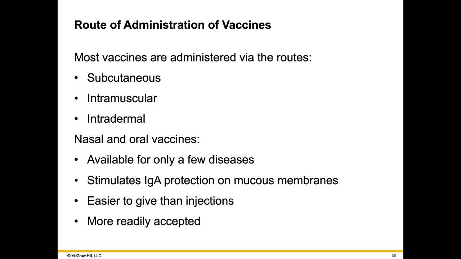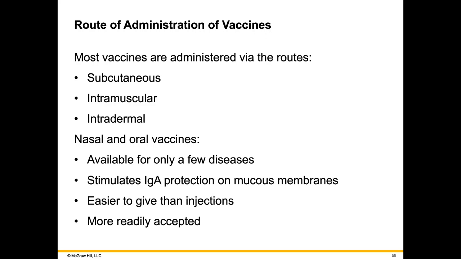Now, how can vaccines be given? Many of them are administered via the following routes. We have subcutaneous, which means under the skin, or intramuscular, which means into the muscle, or intradermal, which is into the skin. But others can also be given in nasal and oral forms. That's not as common, but these will stimulate IgA production on the mucous membranes.